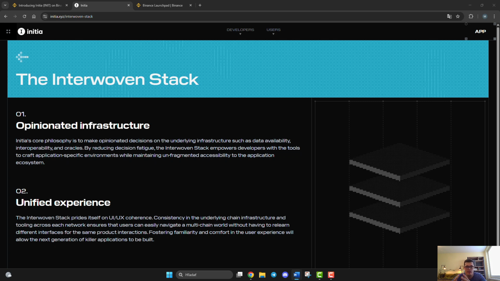To wrap up, this approach means that projects no longer have to choose between the security of layer 1 and the scalability of layer 2. They can have both, thanks to the Initia architecture, which integrates both in one.